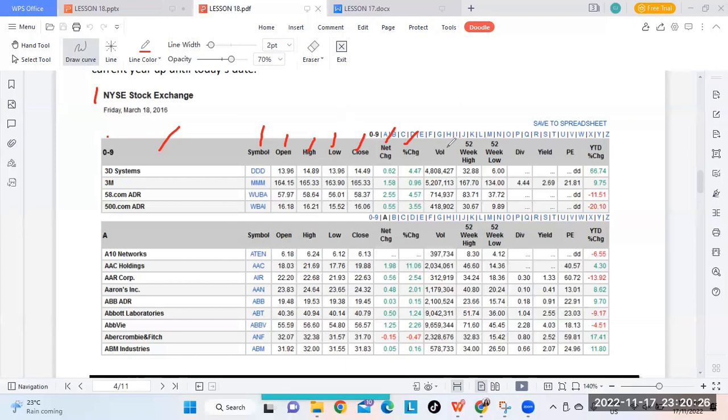Tapos si column number 9, that is the trading volume or volume. And that is the total number of shares traded for the day.